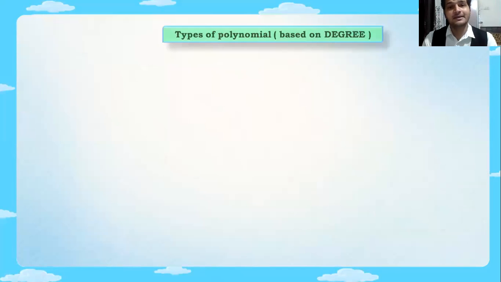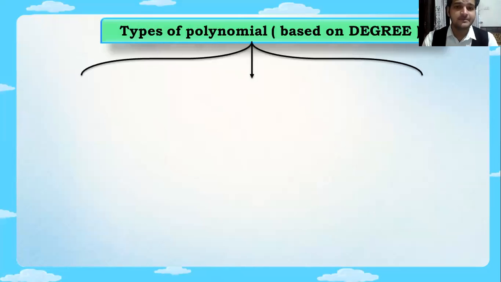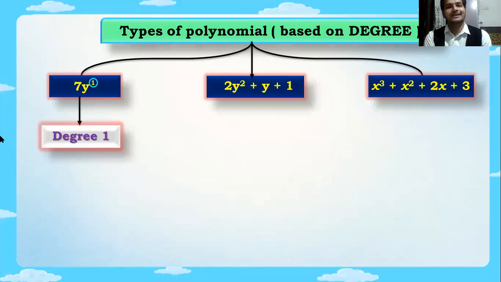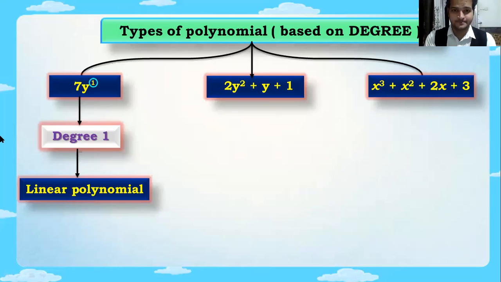Great. And the same polynomials can be based on the degree also, like 7y, 2y square plus y plus 1, and x cube plus x square plus 2x plus 3. In 7y, what is the degree of the polynomial? You all tell me. For 7y, what is the degree of the polynomial? 1. Fantastic. And when the degree is 1, such polynomials are called as linear polynomial.